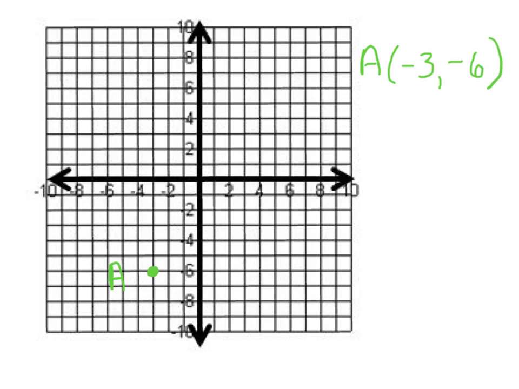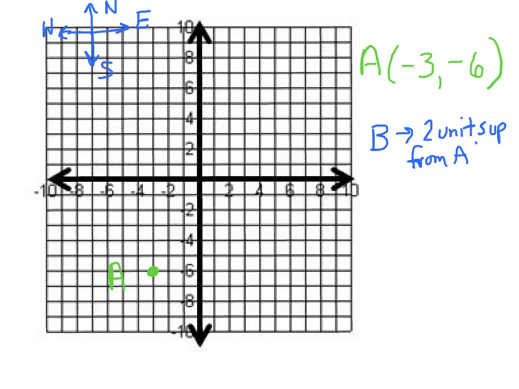Next thing to keep in mind, when I'm dealing with directions, I can also use the idea of a coordinate grid, where north and south are up and down, west is to the left, and east is to the right. So say my point B is 2 units up from A and 3 units to the right, or 3 units east.